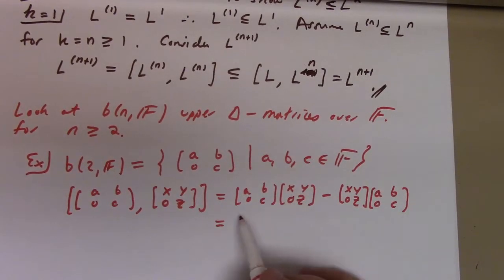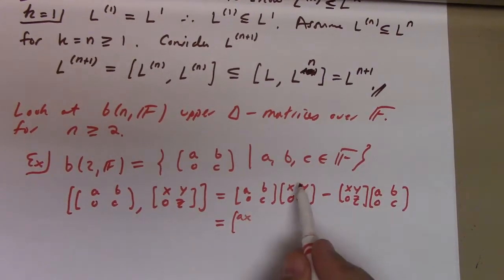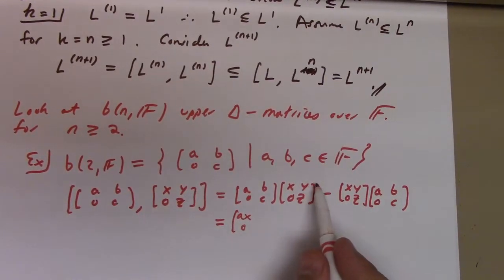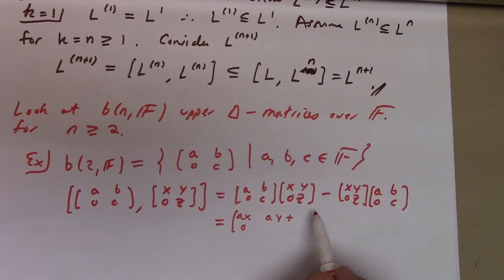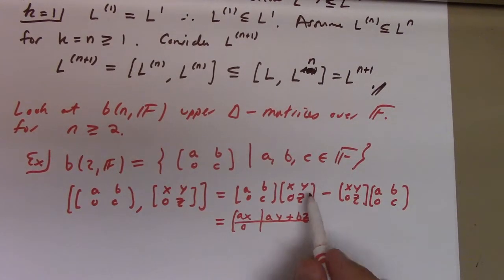Okay, so that was what? You got yourself AX, 0. And here you got AY plus BZ, and then you got yourself a CZ.